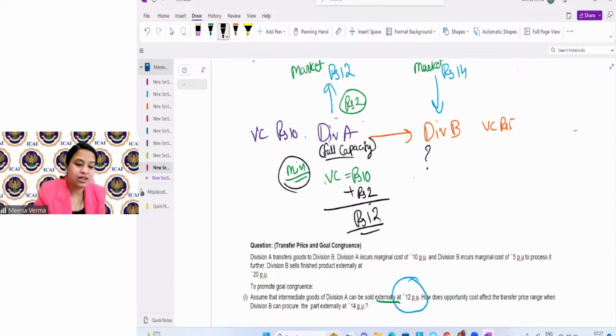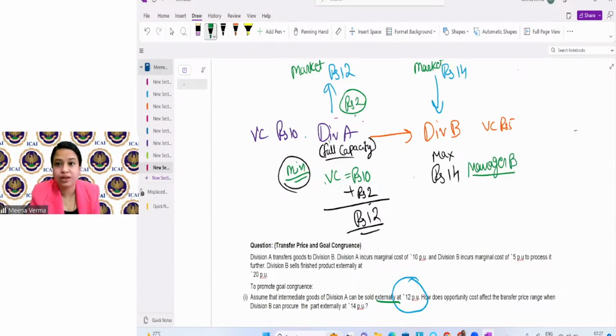है ना? अच्छा, what will be the maximum amount division B manager is willing to pay? He is saying, see, I will not go below rupees 12. Why? This is the maximum price, rupees 40, he is willing to pay. Manager B is willing to pay. Why is this the maximum price he is willing to pay?